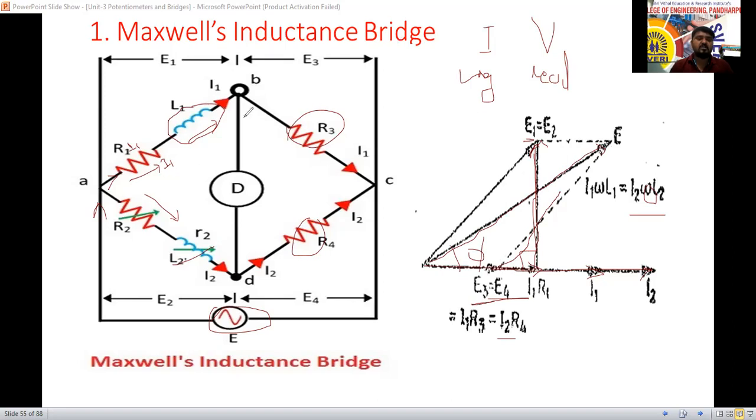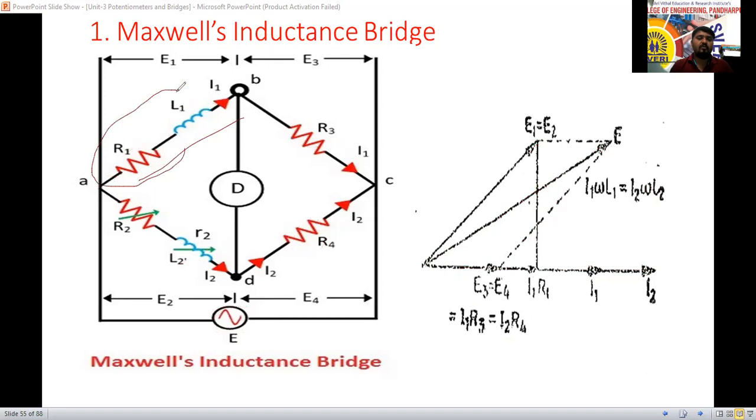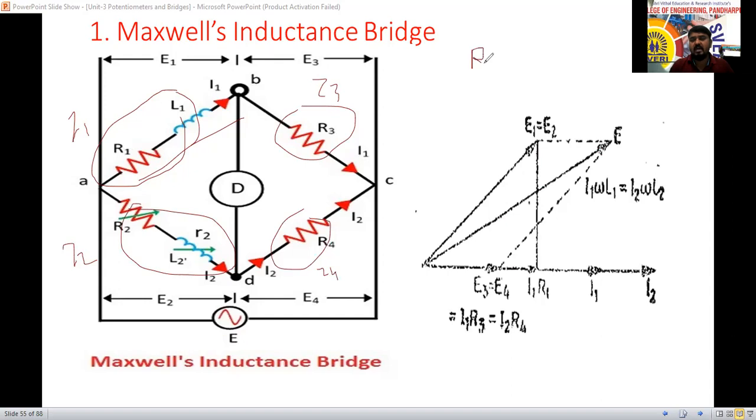For this circuit, in tomorrow's class we will write the equations for Z1, Z2, Z3 and Z4. According to the Wheatstone bridge, what is the bridge balance condition? R1 R4 equals R2 R3.